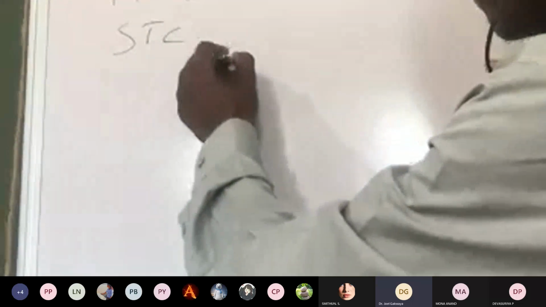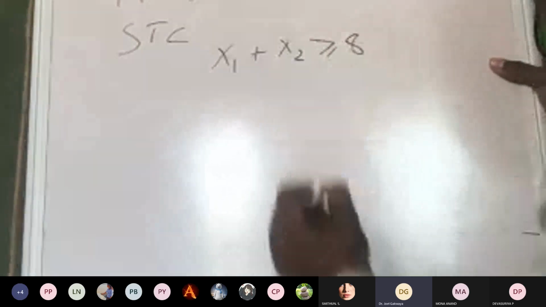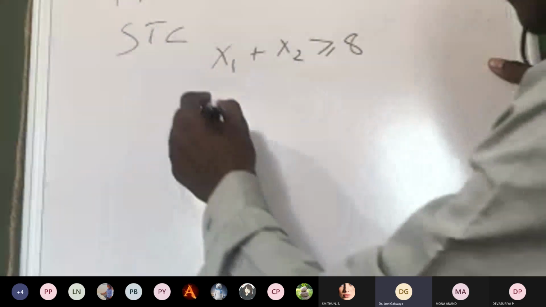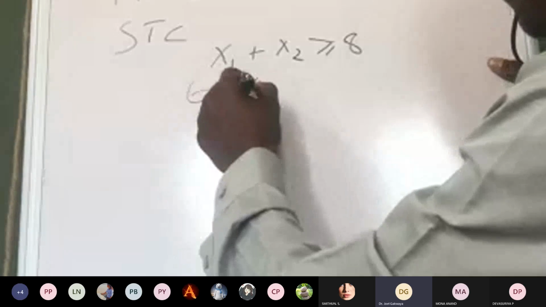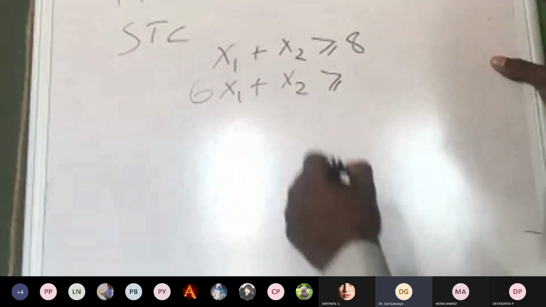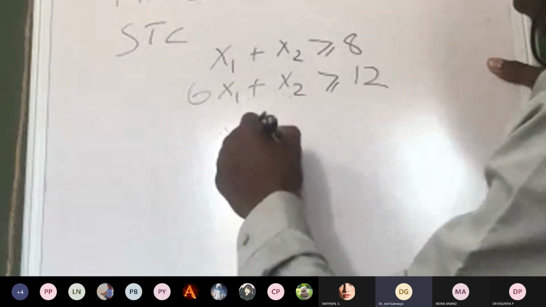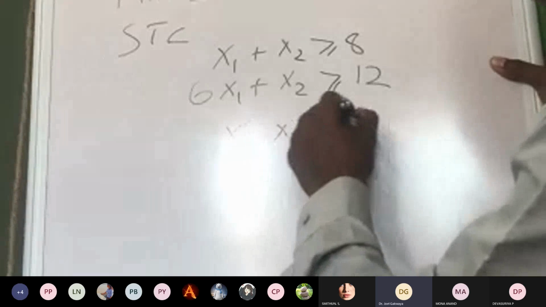We want to minimize z = 4x1 + 6x2, subject to the constraints x1 + x2 >= 8, and 6x1 + x2 >= 12, where x1, x2 >= 0.